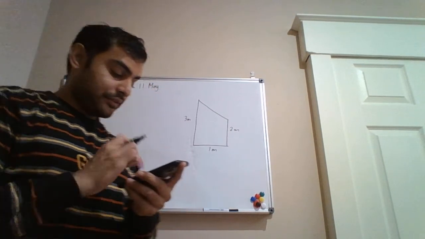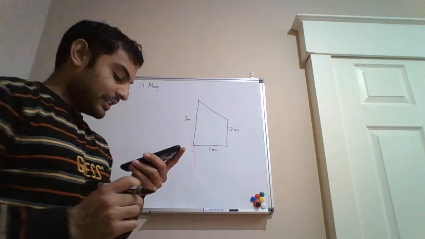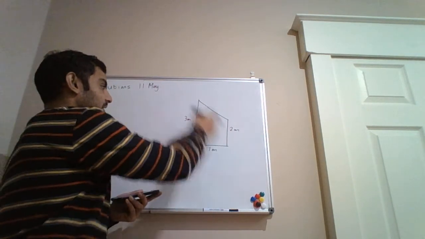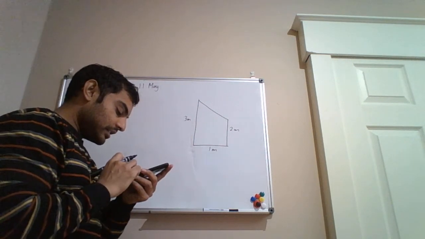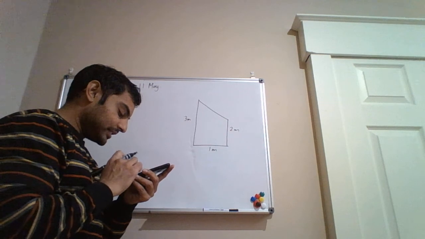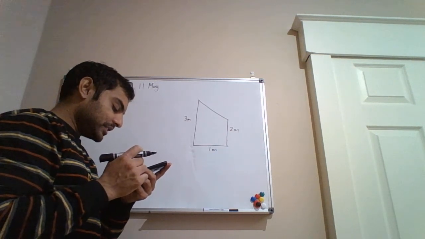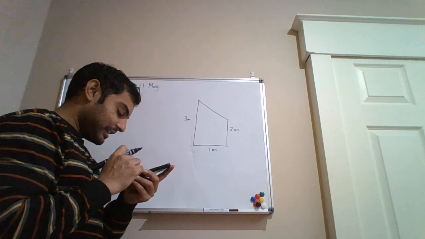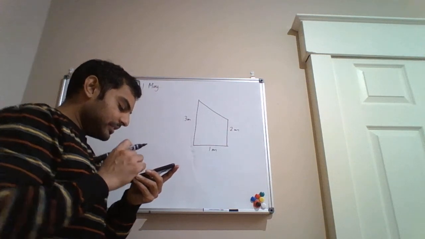Okay, so question 4. A flower bed has parallel sides of 2 meters and 3 meters and a height of 1 meter is cut out of a rectangular lawn that measures 9 meters by 6.5 meters. So let me read this question again.